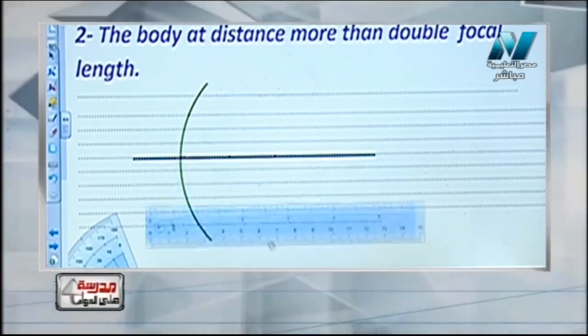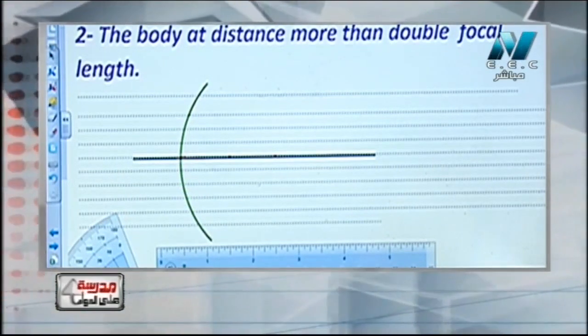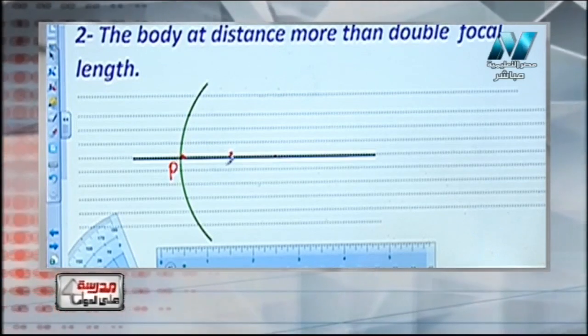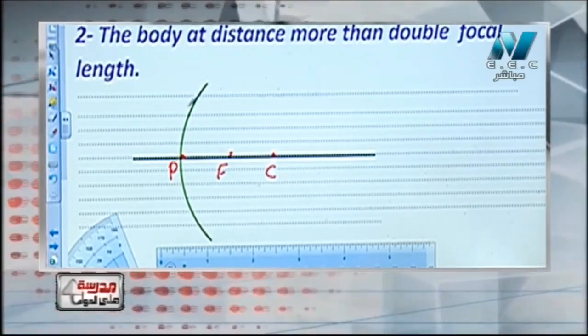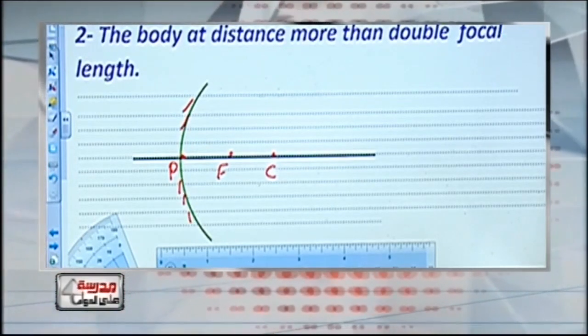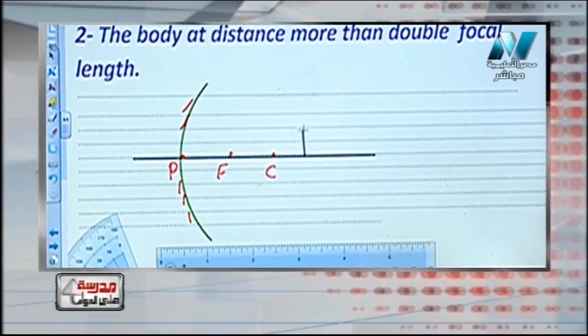First we should put the points P, F, and C. In this case, the object is at distance more than double focal length, so after center of curvature.